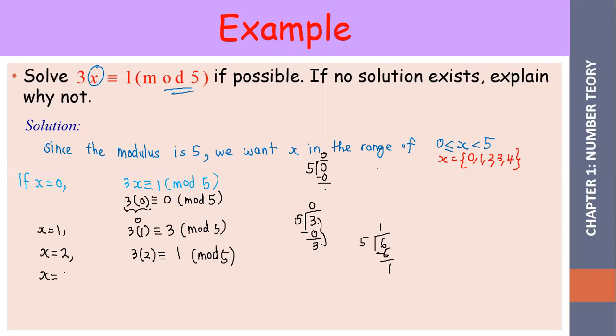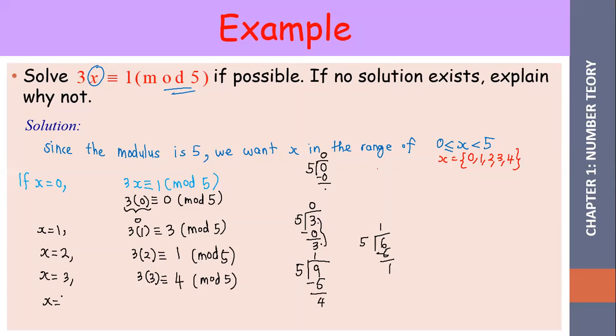Alright, when x is equal to 3, 3 times 3 is 9, mod 5 is 4.